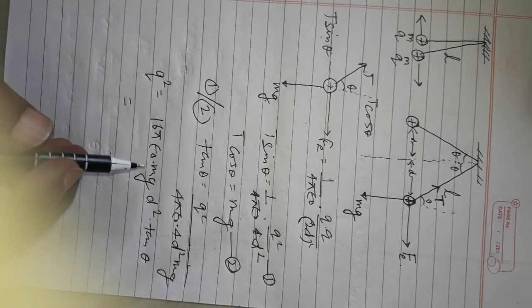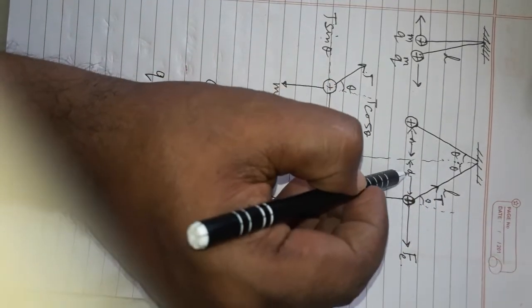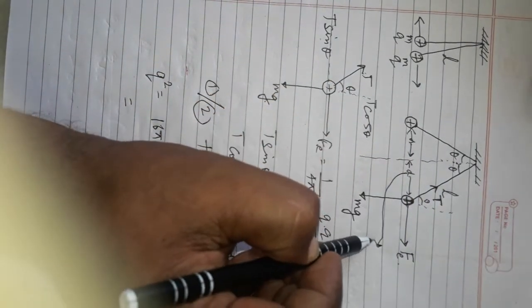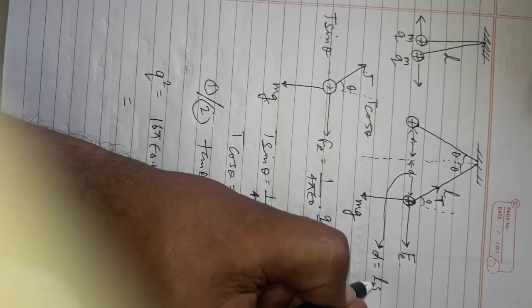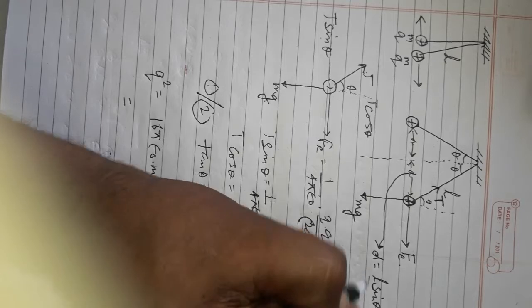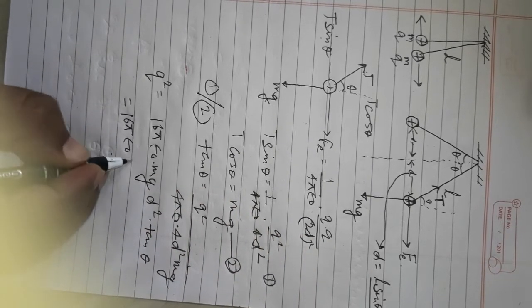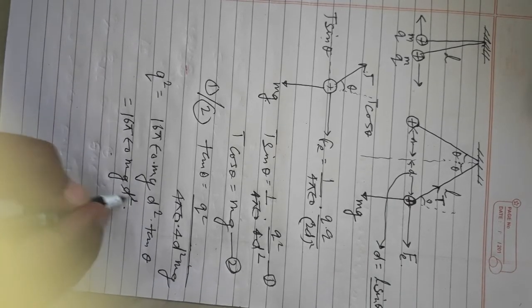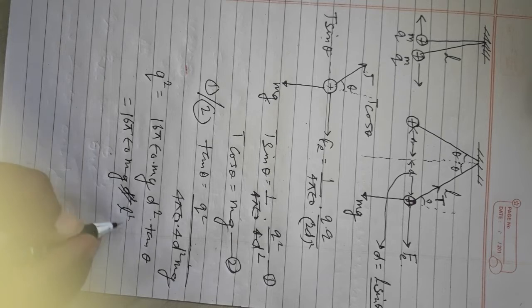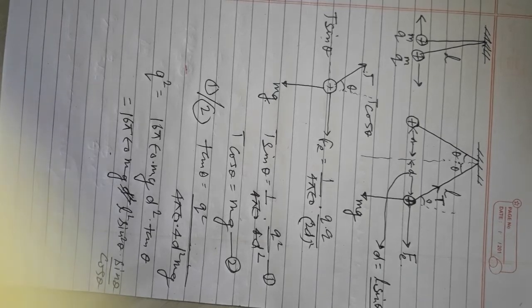Now if we follow this triangle, this quantity d can be written as L sin theta. So it will become 16 pi epsilon naught mg, and d square will be placed as L square sin square theta into tan theta, which can be written as sin theta upon cos theta.